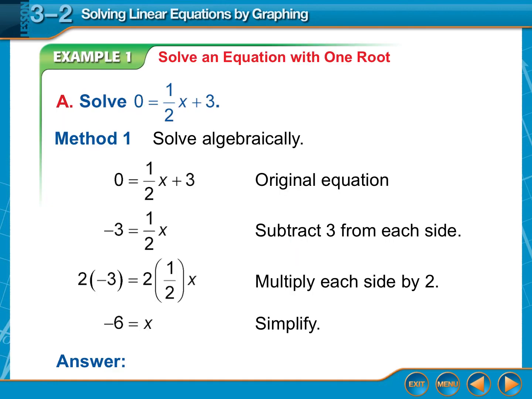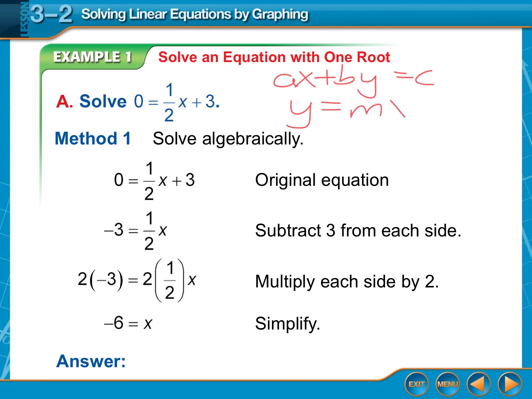So here we are going to be solving algebraically. We've done this before. We're just solving for x. They put a 0 in for y, because remember the form I talked about, ax plus by equals c, that standard form. What was the other form I talked about? Y equals mx plus b, slope-intercept form.